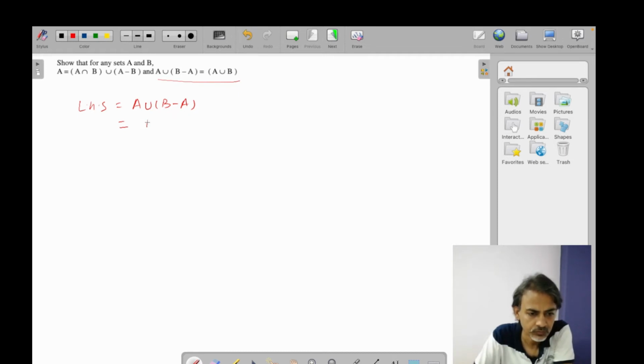So we can as well write A union B minus A as B intersection A dash. When we write that, we can as well write that A union B intersection A union A dash using our distributive law.